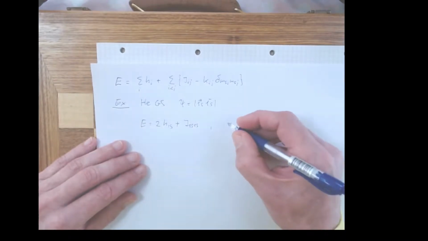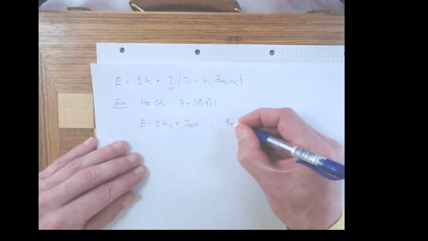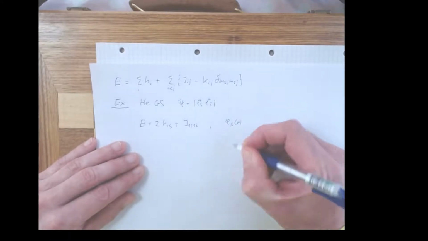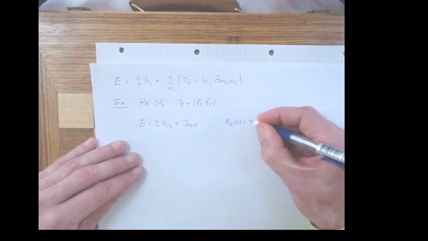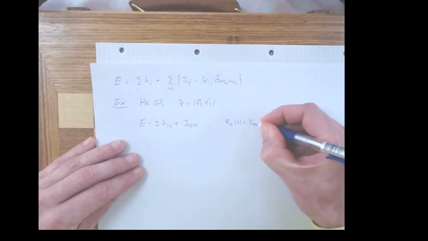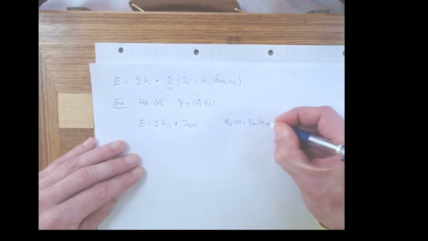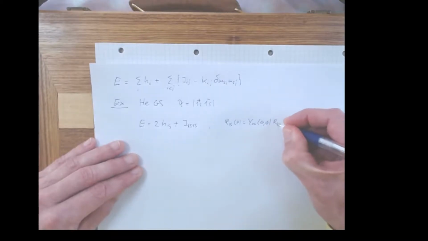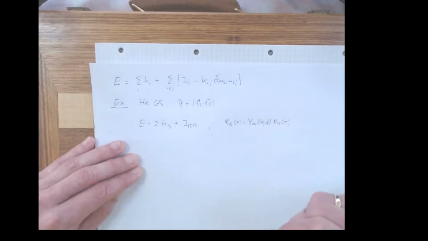So just to clarify here, let me try and explain what this means. So I have this 1s state, which is just some spherical harmonic with a very simple form. It's in fact just a constant, and then some radial part here.